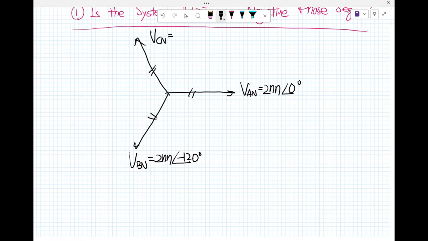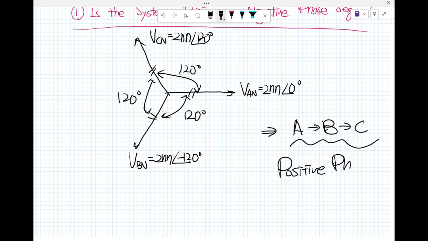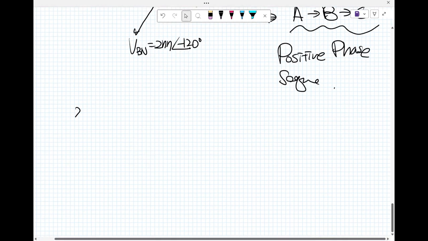V sub CN is 277 at 120. So for A, B, C clockwise, this is positive phase sequence.